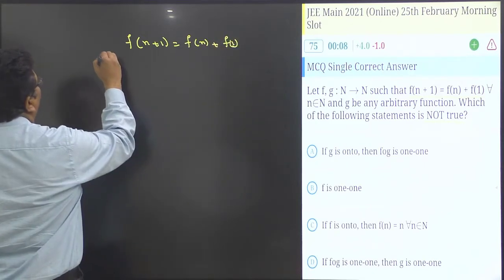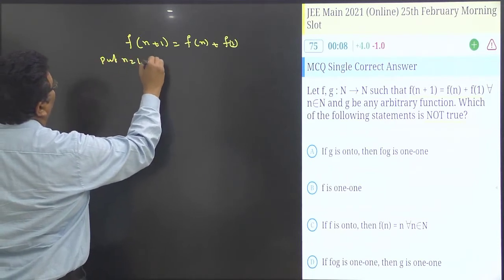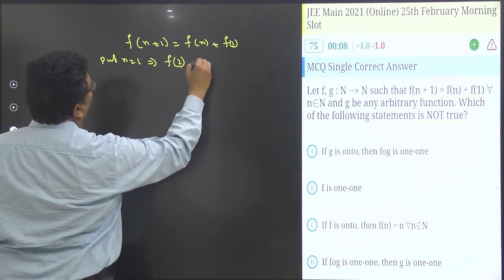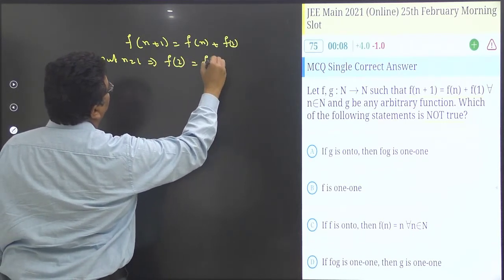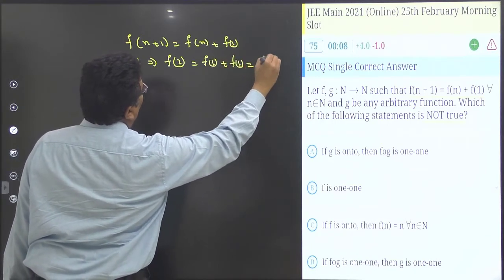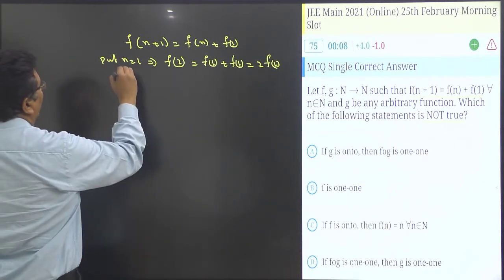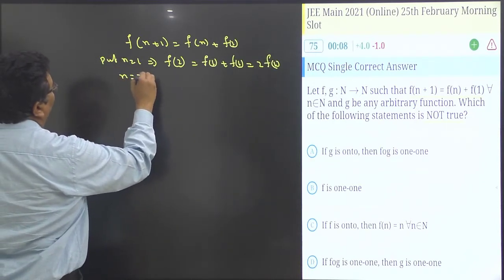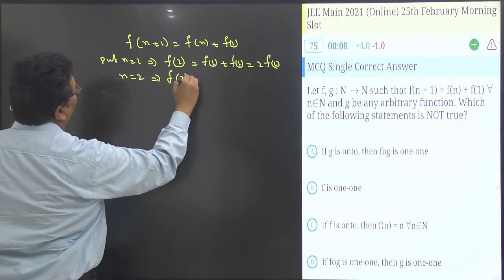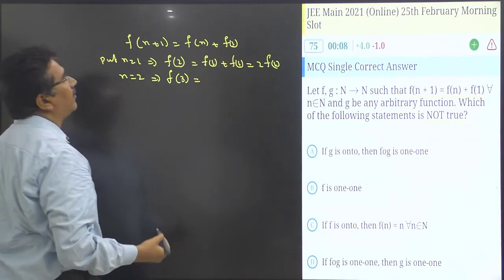Put n equal to 1, that implies f of 2 is equal to f of 1 plus f of 1, that is equal to 2 times f of 1. Put n equal to 2, that implies f of 3 is equal to f of 2 plus f of 1.